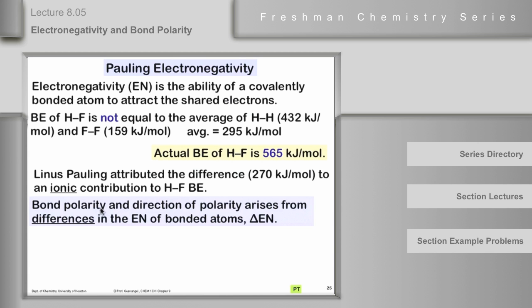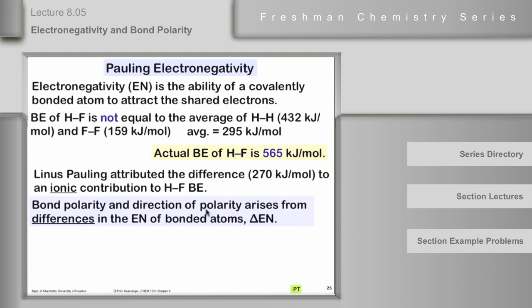And to the extent that that happens, of course, electrons being negative, there will be a sort of negative pole and a positive pole to such molecules. And we call that polarity, the presence of poles.